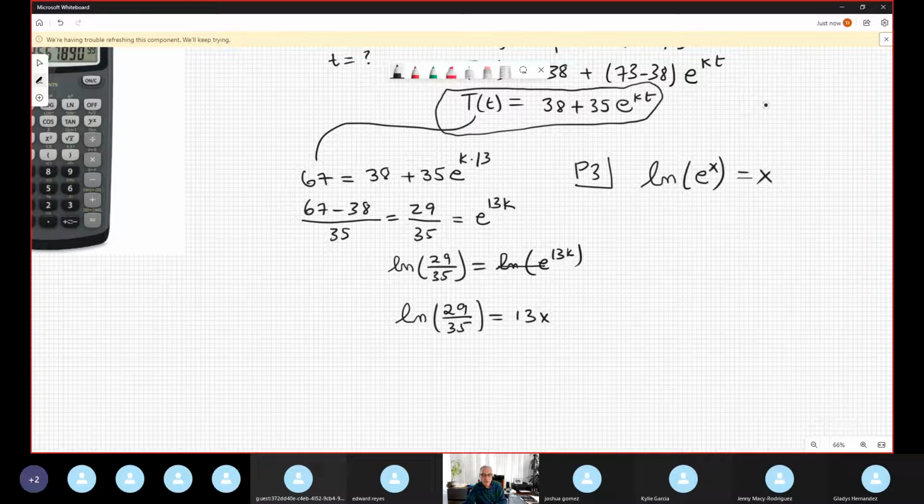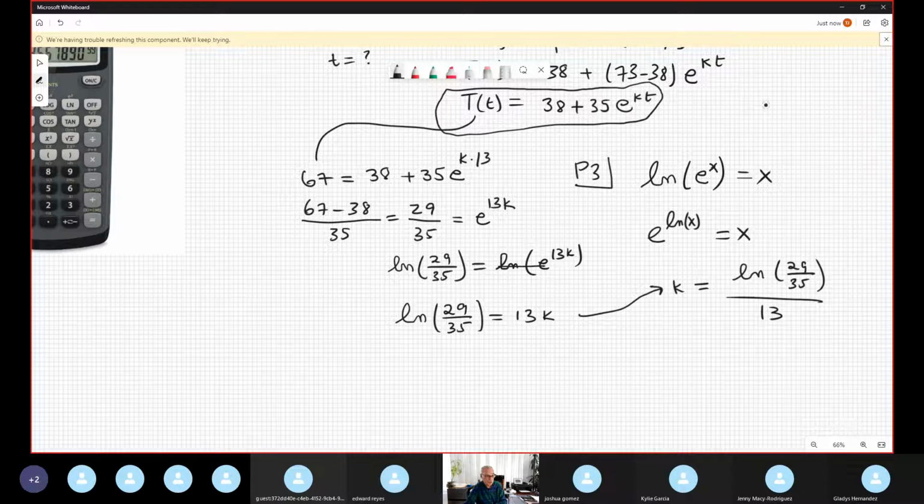In that order or in that order, e to the ln of x is also x. Now, k alone is equal to ln of 29 over 35, divided by 13.